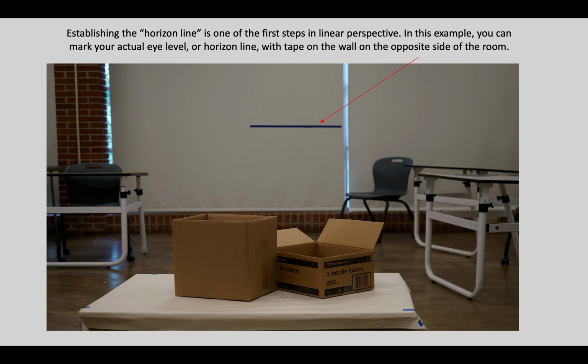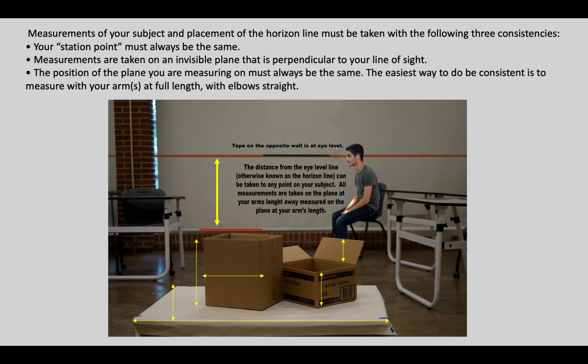And then from there, extrapolate where your eye level line would be. Well, you can't just draw a line anywhere above the box or above where you put that corner of the box. You have to establish what the real world distance is. And so what you need to do is measure it.